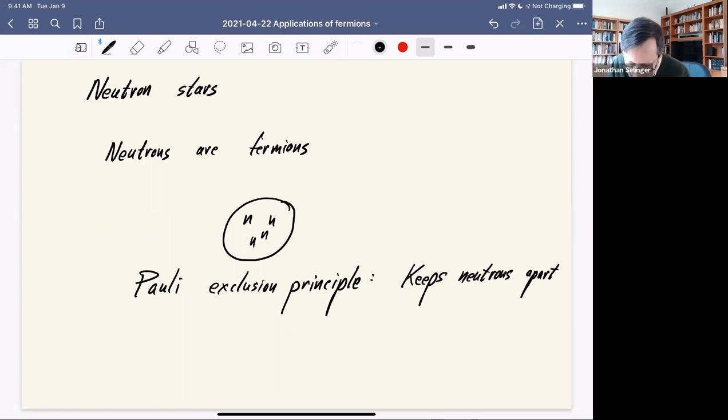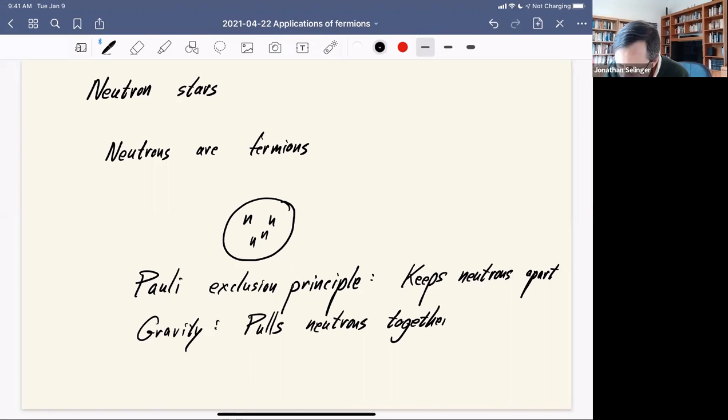And that is fighting against gravity, which pulls the neutrons together. So you get a competition between these two things, okay? And the competition between these things favors a certain radius for the neutron star.